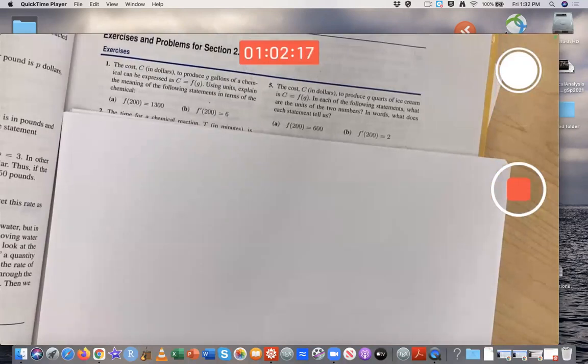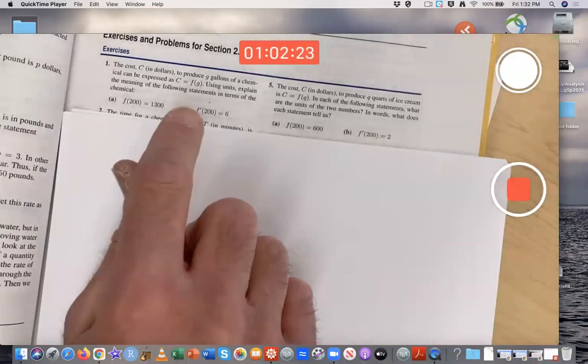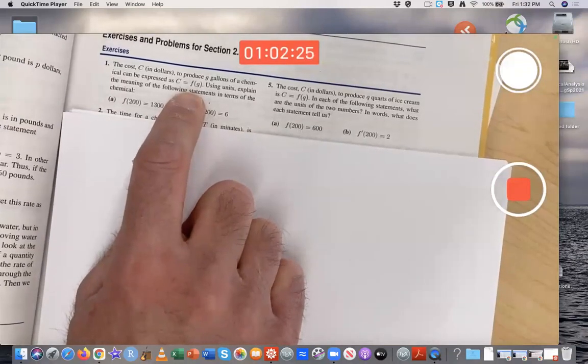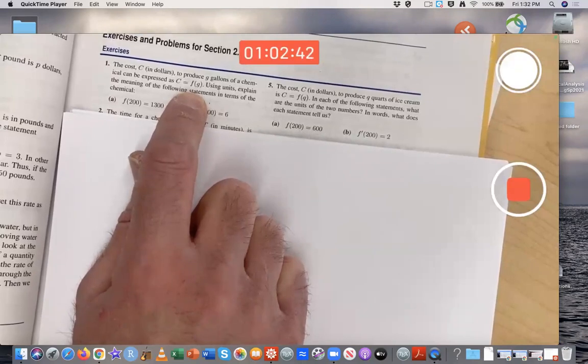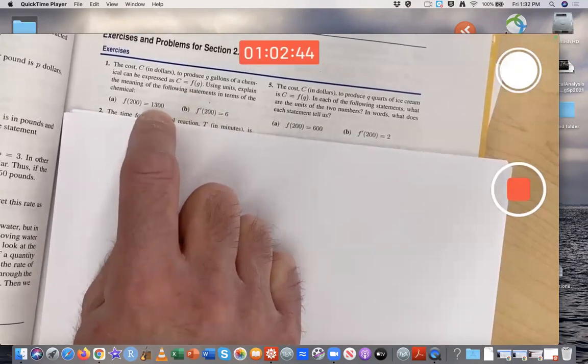The more of the chemical they produce, the more it's going to cost. F is going to be an increasing function. And if it's differentiable, if the derivative exists, which is what differentiable means, that derivative will be positive in all likelihood. The slope of tangent lines will be positive. That's a good thing to think about.